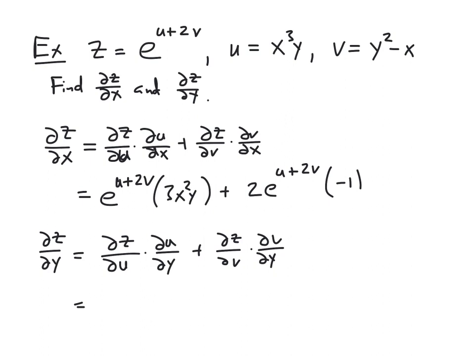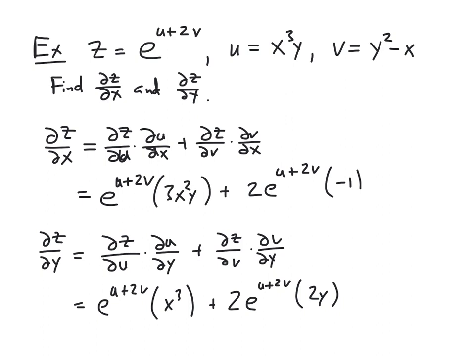And del z del u is exactly what it was before, e to the u plus 2v, multiplied by du dy, which now is just x cubed. Del z del v is, again, 2e to the u plus 2v. And del v del y will be 2y.